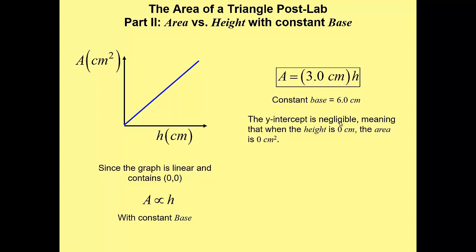Well, let's go on. So what we've found thus far is 2 relationships. We know that when we keep the height constant, area is proportional to base. We also know that if we keep the base constant, area is proportional to height. But I would like to shove those 2 things together so we can see what happens when base and height change. Well, we can do that.